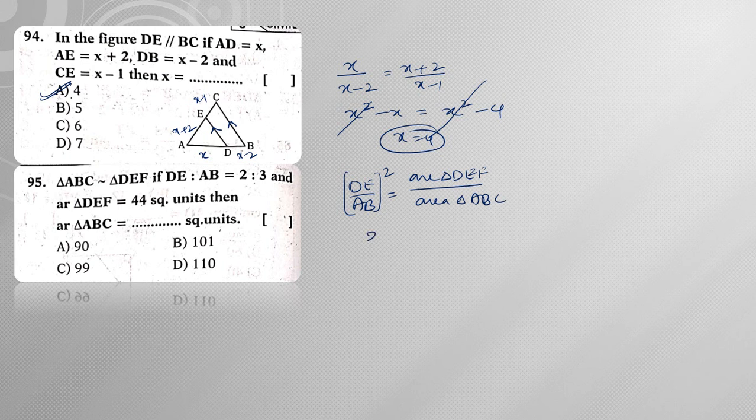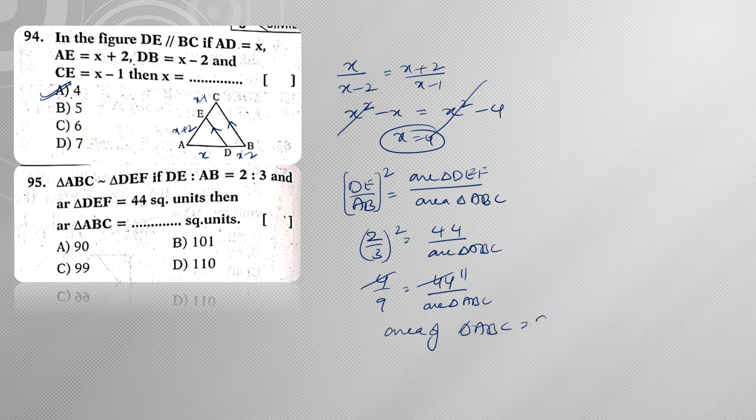So when you substitute the values, 2 by 3 whole square is equal to 44 by area of triangle ABC. Now 2 square is 4 by 9 is equal to 44 by area of triangle ABC. Now in 4 this goes 11 times. When you do cross multiplication, area of triangle ABC is equal to 99 square units. Right, hence the answer is 99 square units.